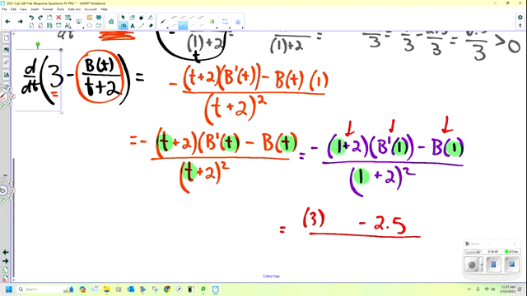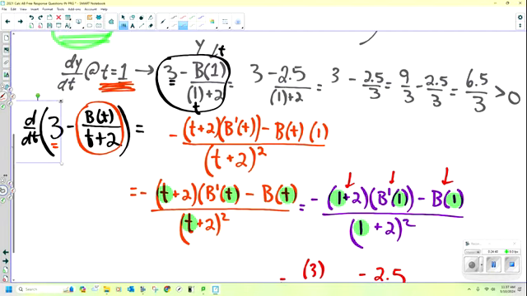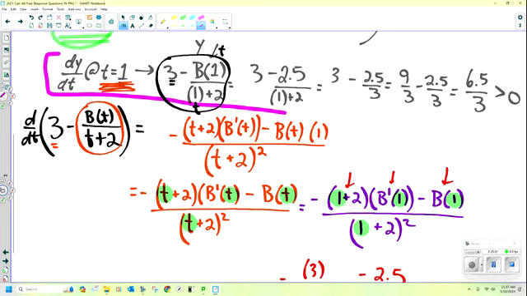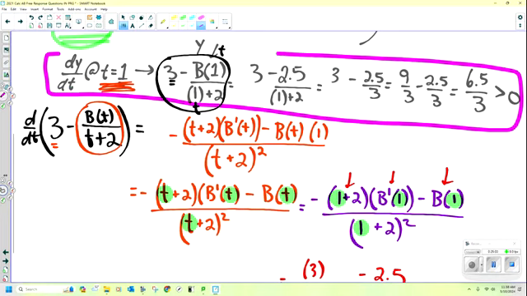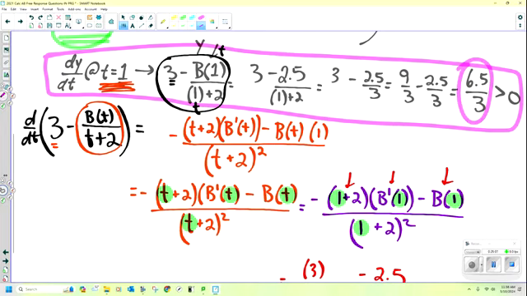B prime of 1, we just figured that out. That's what this whole top thing was. B prime of 1 was this whole thing. That was 6.5 over 3.